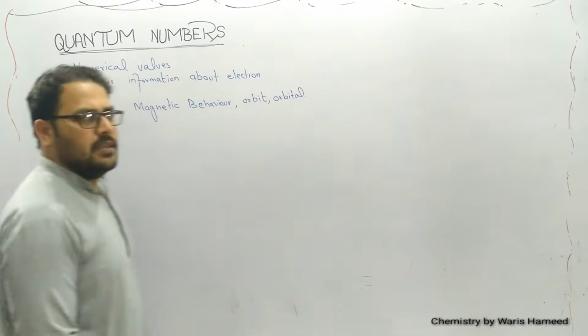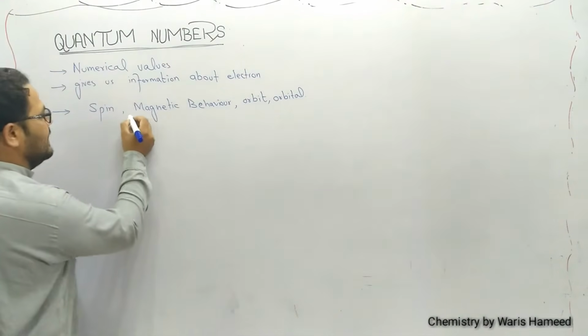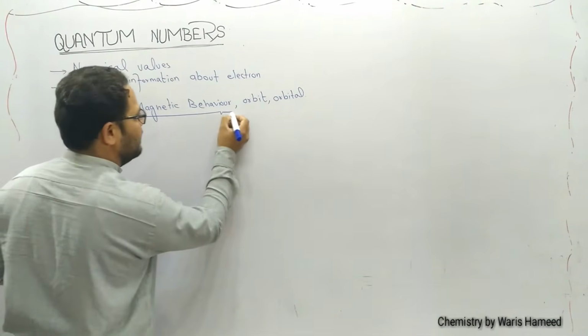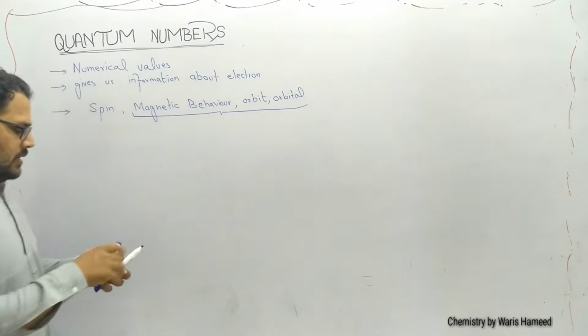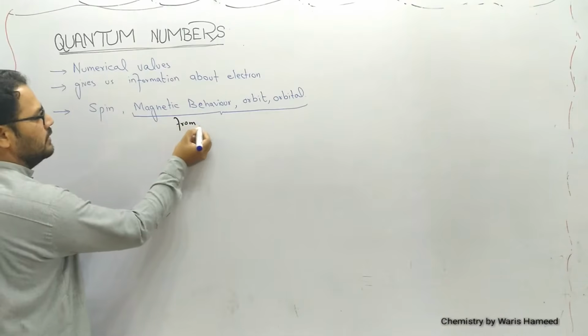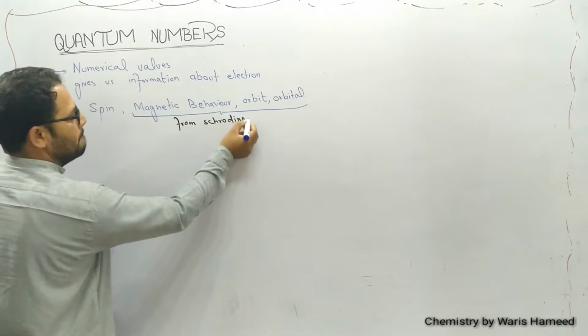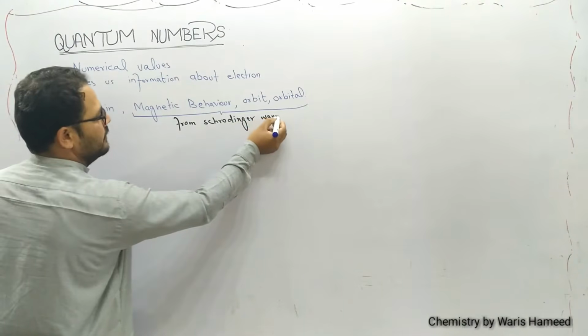These four things we can calculate from the quantum numbers, and these three things, magnetic behavior, orbit and orbitals, can be calculated from the Schrödinger wave equation.